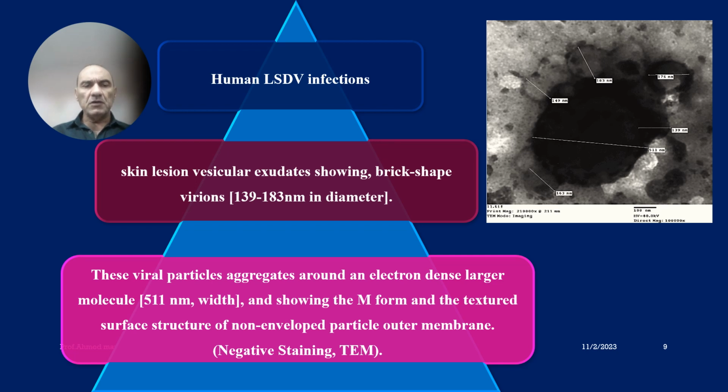Skin lesion showing vesicular exudate with brick-shaped virions ranging in diameter between 139 up to 183 nanometers. This appears in the picture taken under electron microscope, where the viral particles segregate around an electron dense larger molecule, appearing here in the center, with a width of about 511, and showing the textured surface structure of the non-enveloped particle outer membrane.